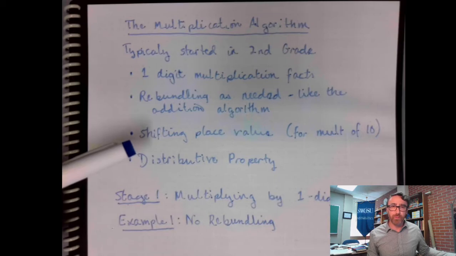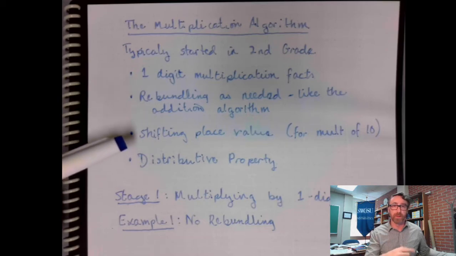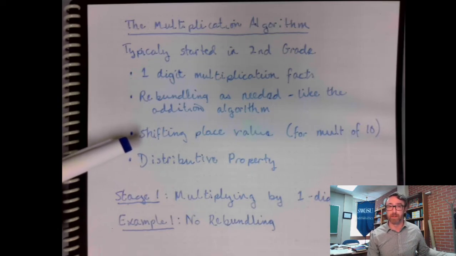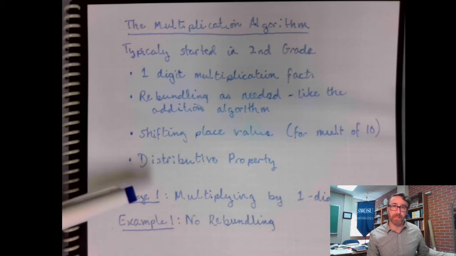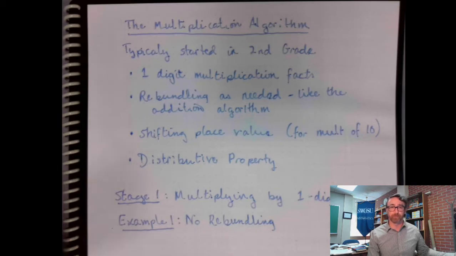There are a couple of new features in the multiplication algorithm that aren't present in addition and subtraction. In particular, shifting over place value when you're multiplying by 10 or a multiple of 10. That doesn't come up in the other algorithms, so we'll see that illustrated here. And also, we need to understand how the distributive property works when we handle the multiplication algorithm.